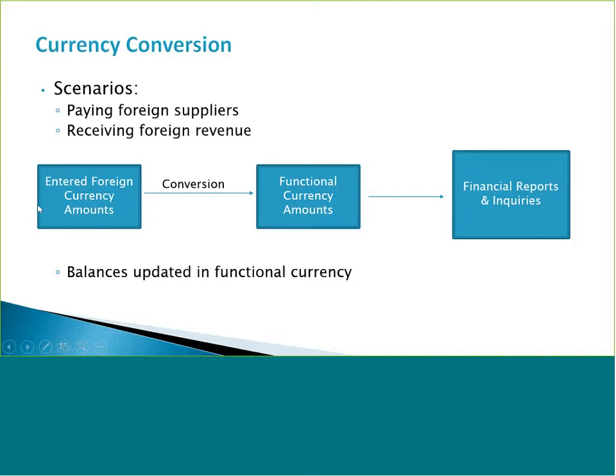We enter a journal in foreign currency amounts. We provide an exchange rate, okay? Then using that exchange rate, the amounts are converted into the functional currency, which in our case is the US dollar. Then the balances are updated after we post the journal, and then we can do our financial reports and inquiries in our functional currency. So that is where the issue of currency conversion comes in.